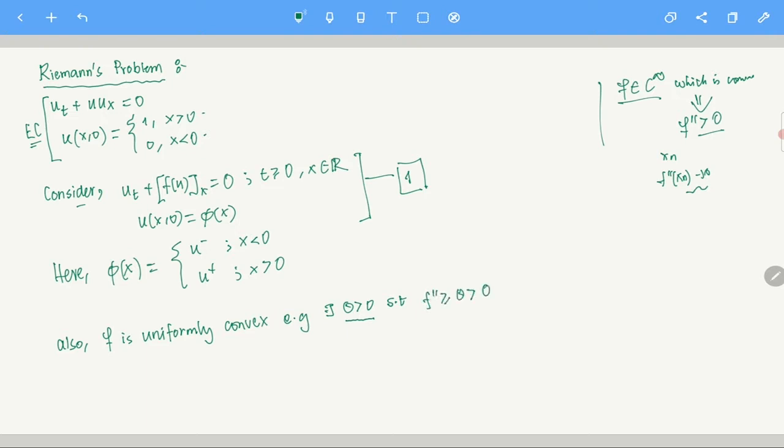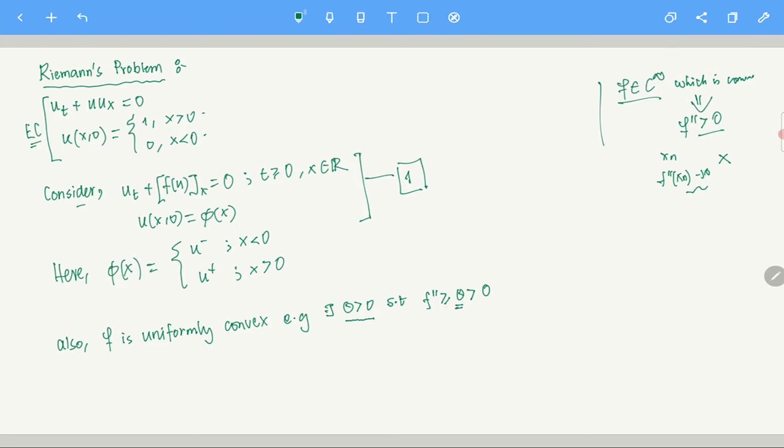So it is bounded below by that theta and cannot arbitrarily go towards 0. This is uniformly convex, whereas convex only gives f double prime positive. Uniform convexity means it is bounded below by a positive number, however small it might be.